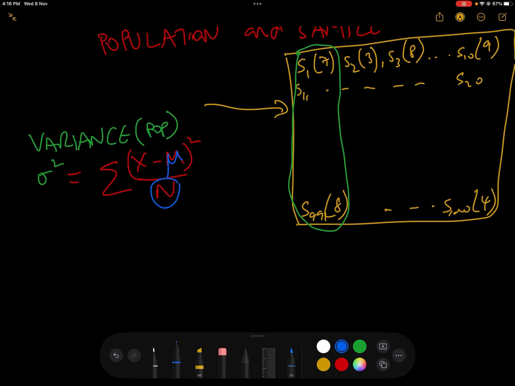It's exactly the same whether you use M or mu as the mean. So this is the variance of the population, and the standard deviation of the population, which is denoted as sigma, is the square root of the variance which we've just calculated.